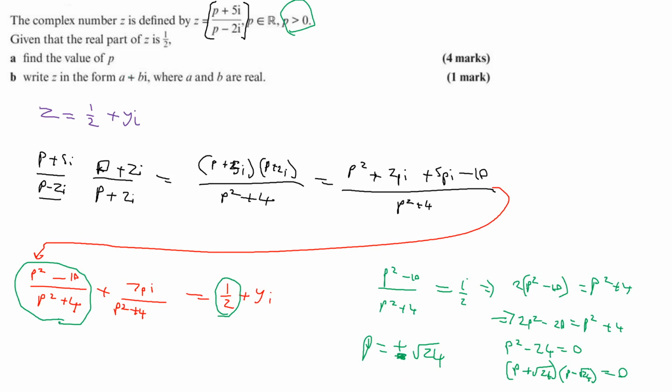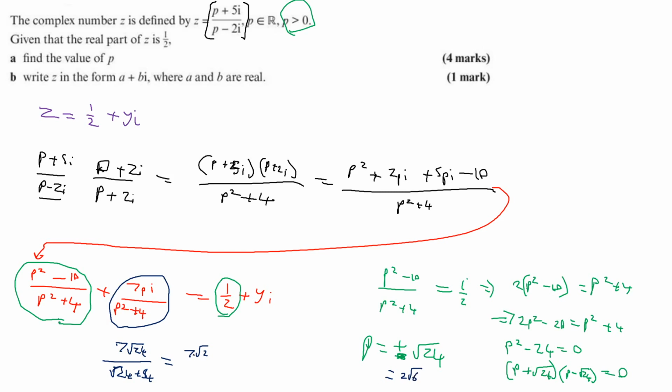Okay. So now, how are we going to work out what z is? What we can do is we can, if we want to, plug it into our calculators. So we know that the imaginary part is going to be 7 root 24 over 24 plus 4. Okay, which is also equal to 7 root 24. Root 24 is the same as 2 root 6.